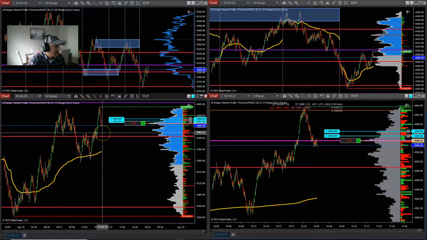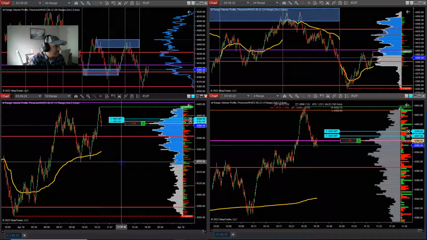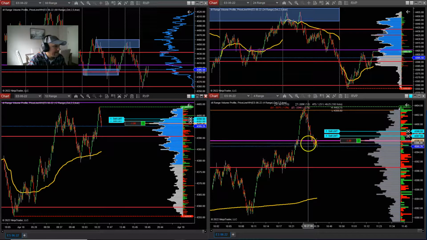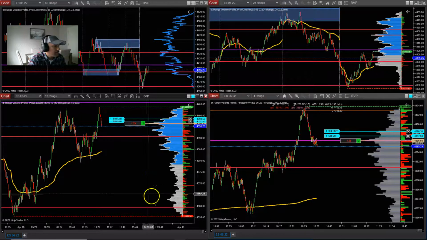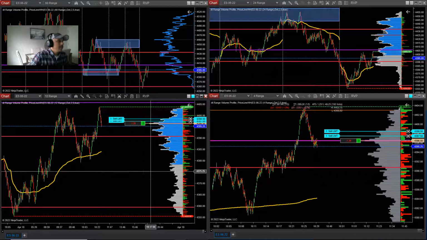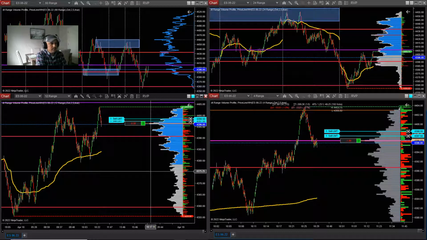It could push down a little lower though. Going long at the VPOC, but I see the price has potential to push up. I'm noticing a rejection.